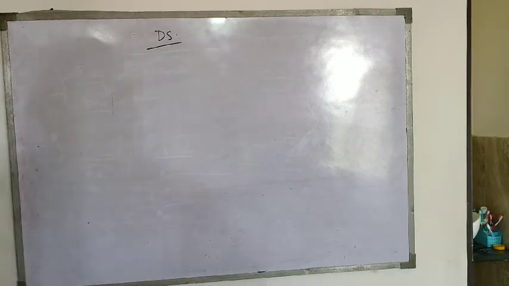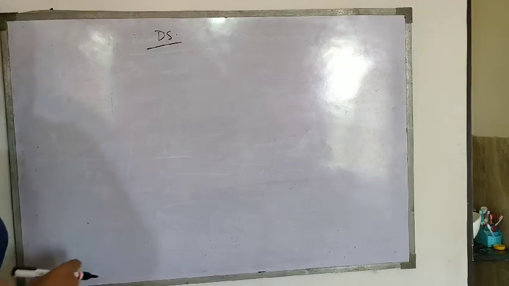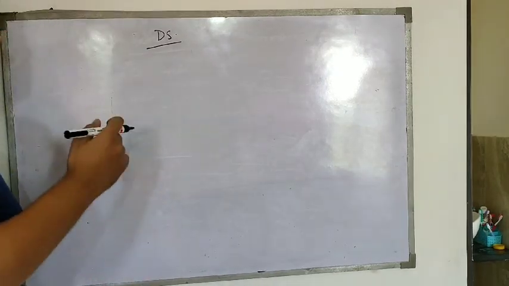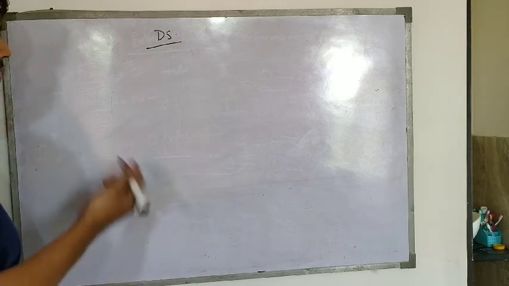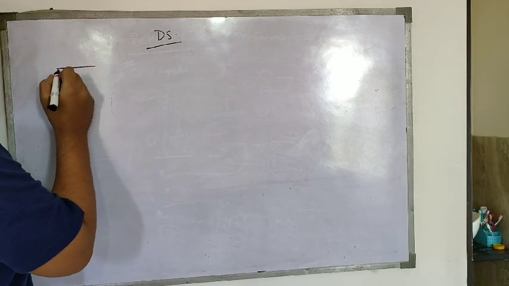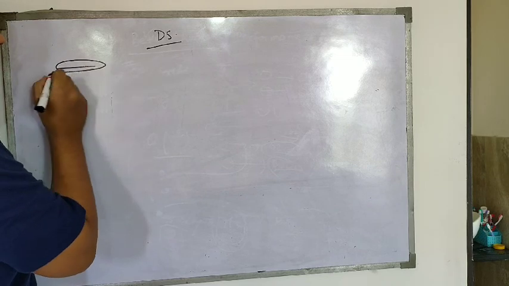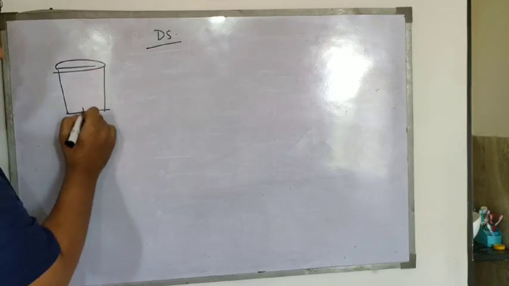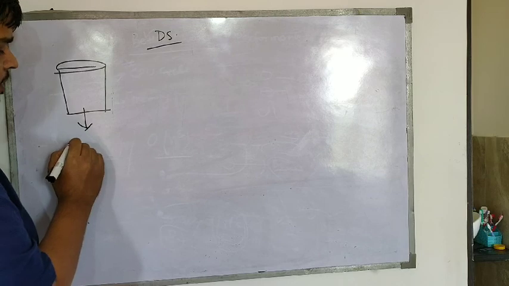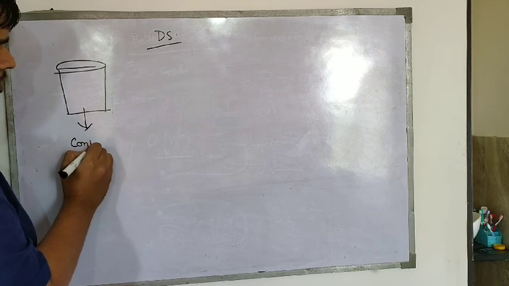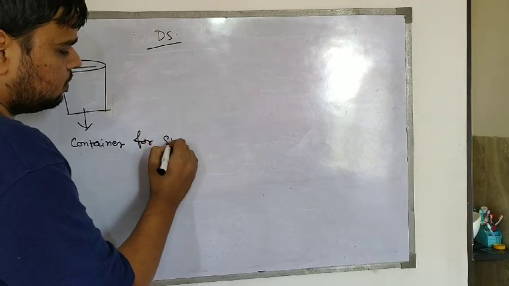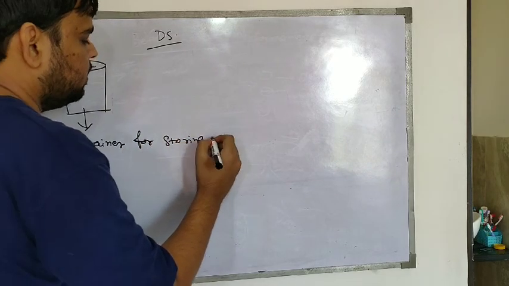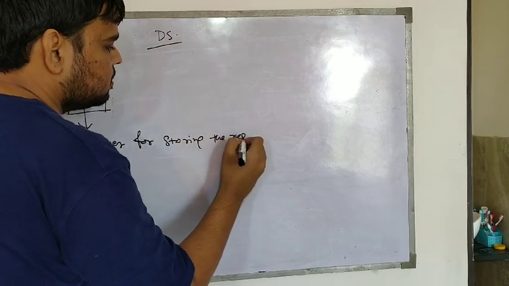Now what is a data structure? When you apply your algorithm, you need to store the intermediate result or the final result. So where will you store it? You will store it in a data structure. You can say it is a container for storing the result.